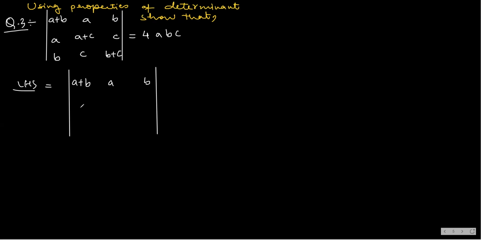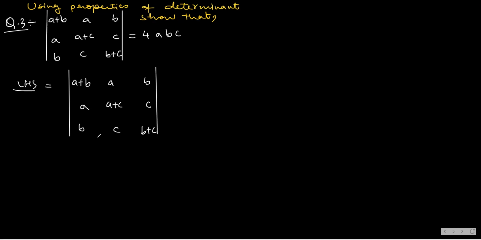Then here I have a plus c, the principal diagonal element, second row, second column element. Here a and c. Then the last one you have b plus c, and here you have c and b. Okay.